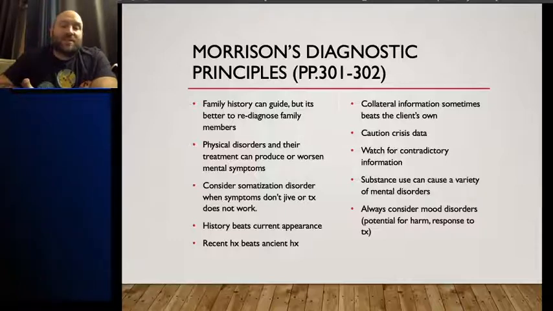Physical conditions can lead to mental health symptoms, and this includes having chronic pain, right? Someone might have suffered an injury from which they still have pain, and that can lead to anxiety, depression, anger, things like that. History beats current appearance, right? Because someone might come in, and it goes the other way too.